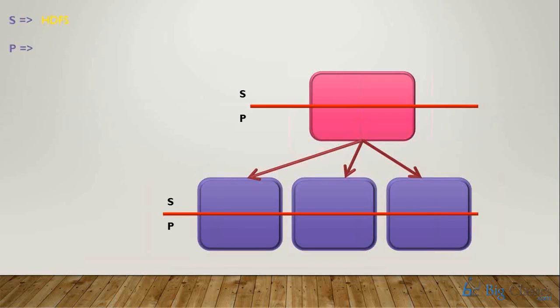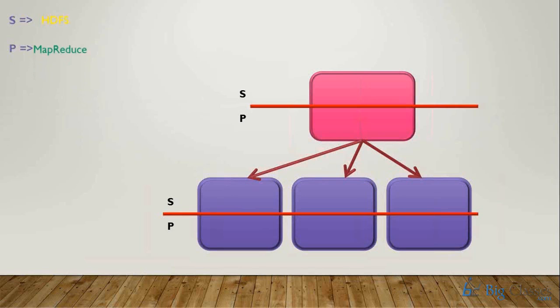So when you talk about HDFS here, you have only the storage mechanism. Same thing for processing also, one more component should be there, right? Which is nothing but MapReduce. MapReduce is for processing.